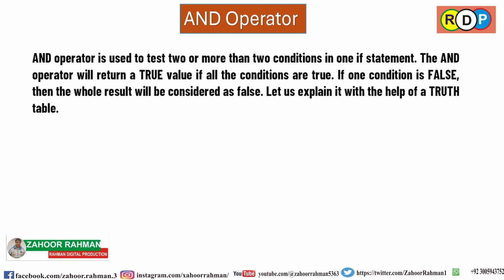If one of the conditions is false, then the whole condition will be false. Remember, for the AND logical operator, all the conditions must be true. So let us explain that with the help of a truth table for two conditions only.